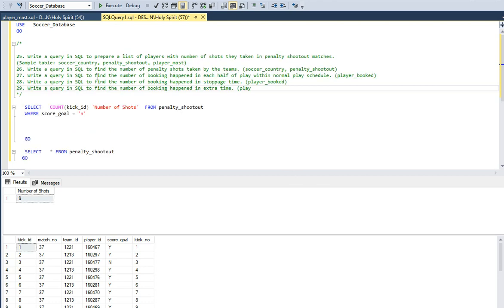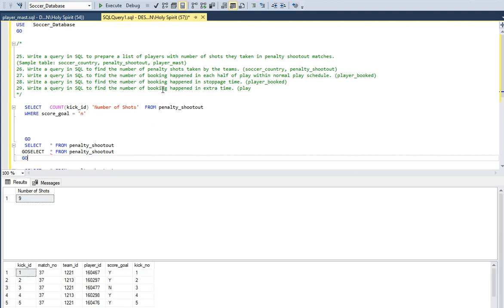The next question is write a query in SQL to prepare a list of players with the number of shots they have taken in penalty shootout matches. Soccer country, penalty shootout, player must. Okay, wait a sec. Control C, Control V. Don't need this one.